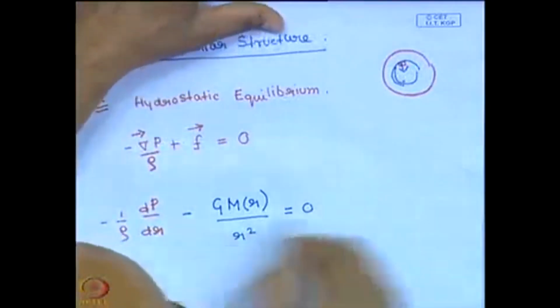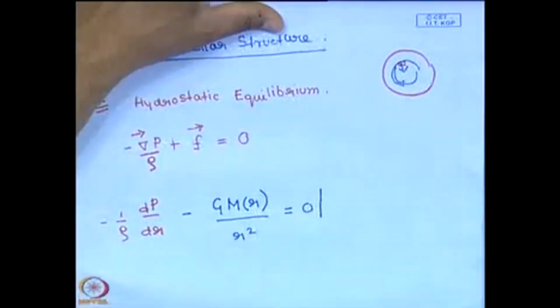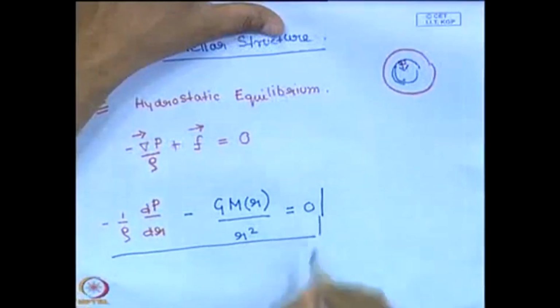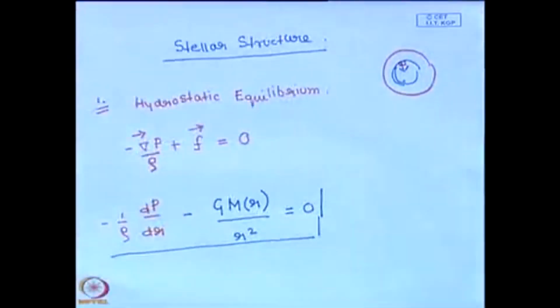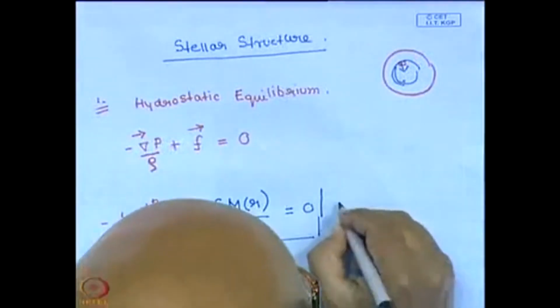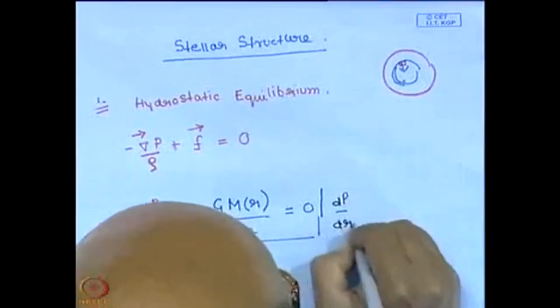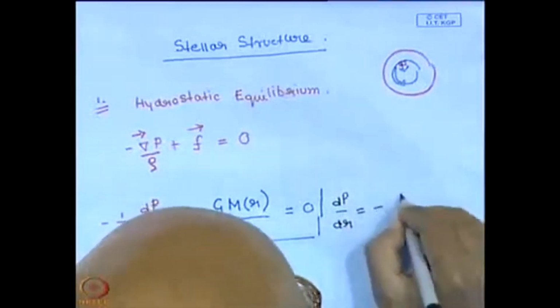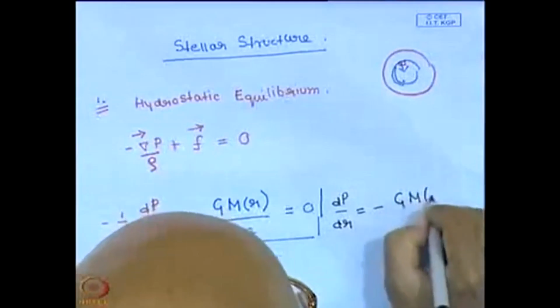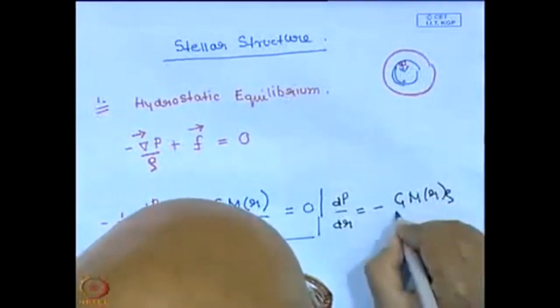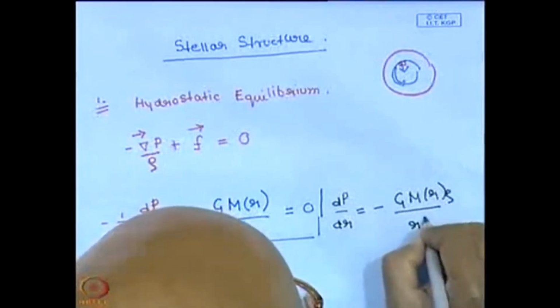Okay. So, we finally have the first equation, and I will write it in a slightly different way. The final equation, the equation of hydrostatic equilibrium, is dP by dr equals minus G m(r) rho by r square.